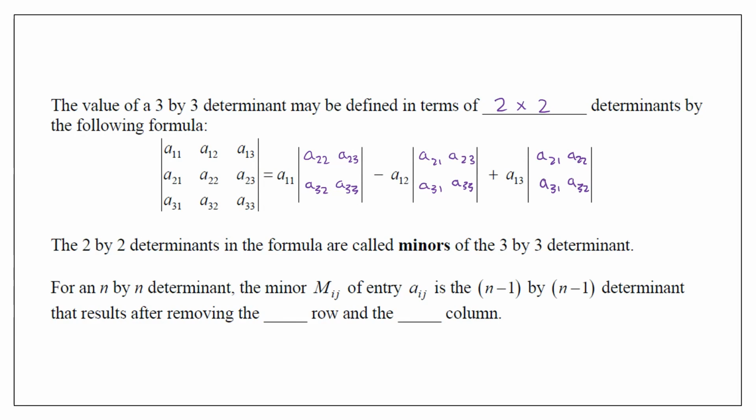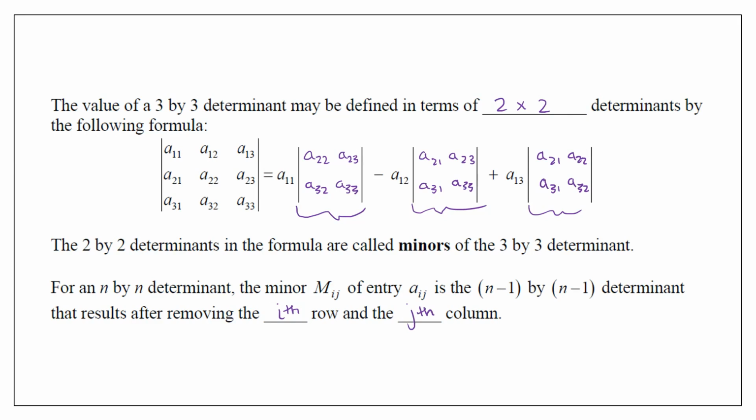So the 2 by 2 determinants in the formula are called minors. All of these are called minors of the 3 by 3 determinant. For an n by n determinant, the minor, capital M subscript ij, of an entry A subscript ij is the n minus 1 by n minus 1 determinant that results after removing the ith row and the jth column.